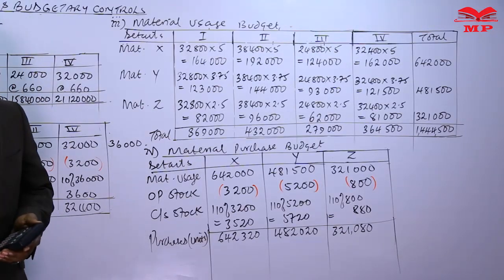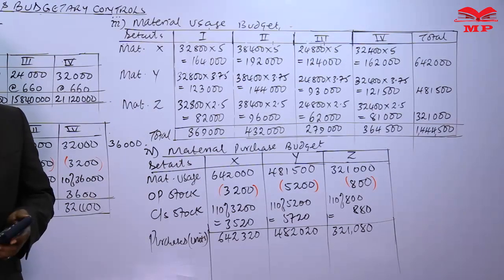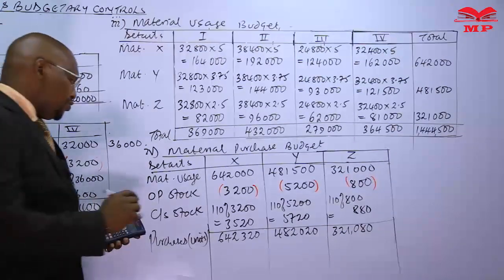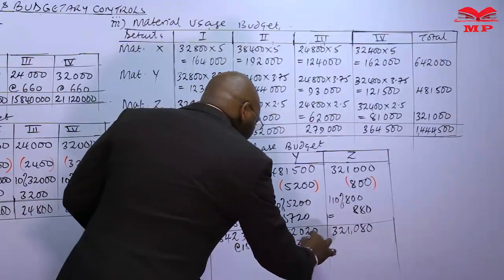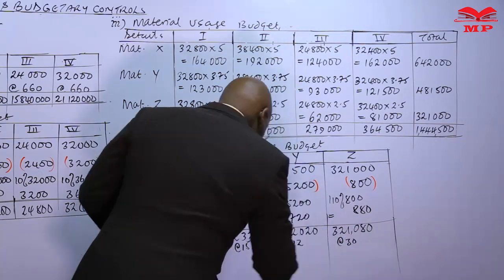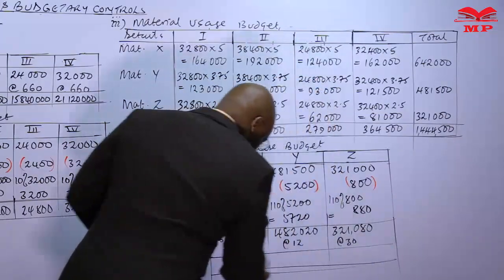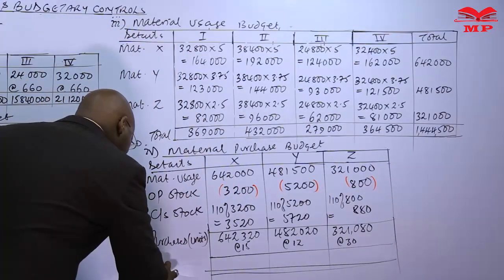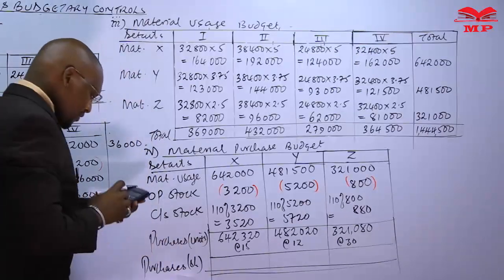We are told to show also in value. And therefore, we are going to have the prices that are being given in information number 2: 15 shillings, 12 and 30. So if I say each at 15, each at 12, each at 30, I'll be able to get my total here. This is purchases in shillings.